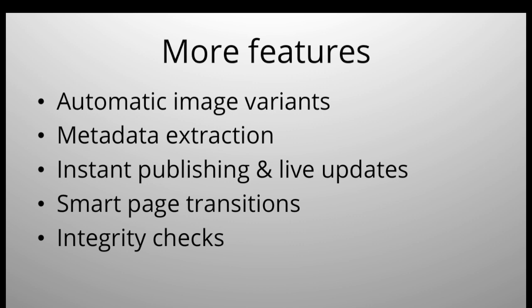It provides automatic metadata extraction for all the content files, like for example for image files it will automatically extract the EXIF data, and this data is then accessible through an easy JavaScript API. And for example, you can then take the coordinates where an image was taken and visualize this on a map.